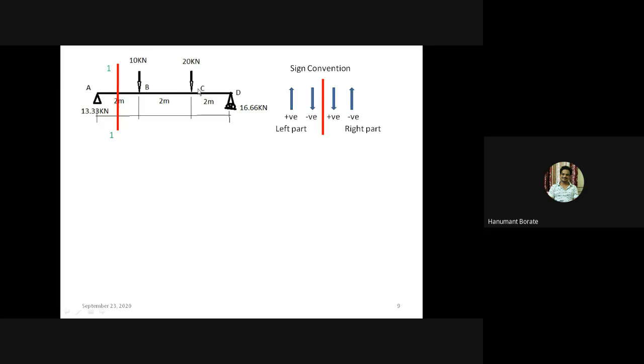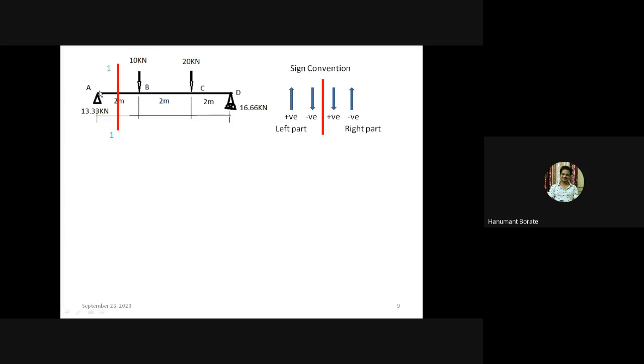We can select any part, but to avoid confusion about the sign convention, always consider only the left part. Now if we consider the left part, there is only one force, that is 13.33 kilonewton, acting in upward direction. That force is available at the left part only, right?